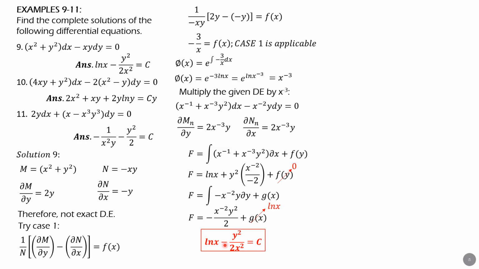So we eliminate the constant of integration, or this arbitrary constant here, by obtaining the differential. So of course, the differential of ln x is dx over x. Then minus, we have a quotient.